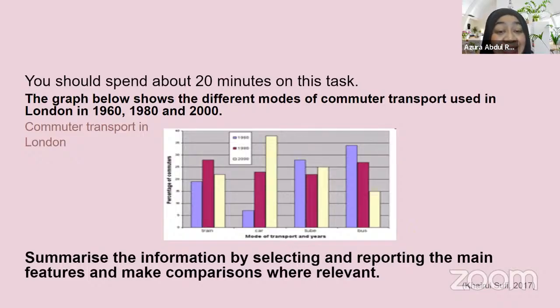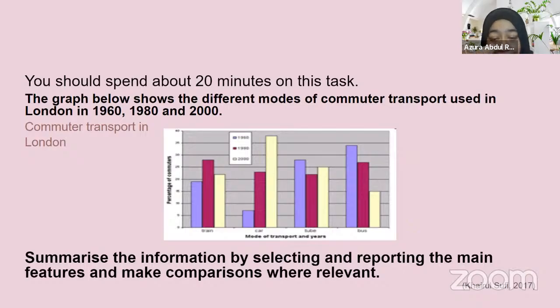So say in 1960, the percentage of commuters that used buses as a mode of transportation was slightly under 35%. Okay, but how would you describe that decrease, Mir? Slightly decreased to under 13% in 1980.